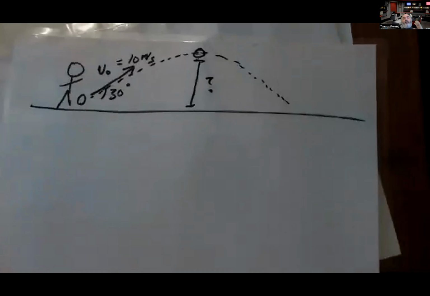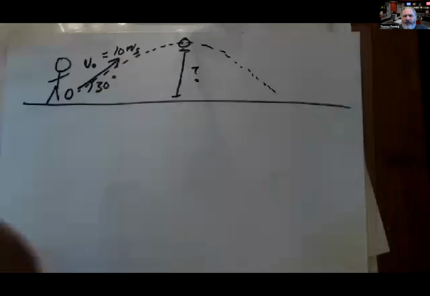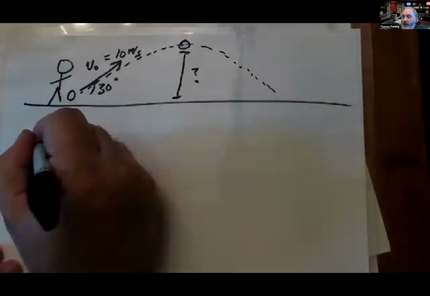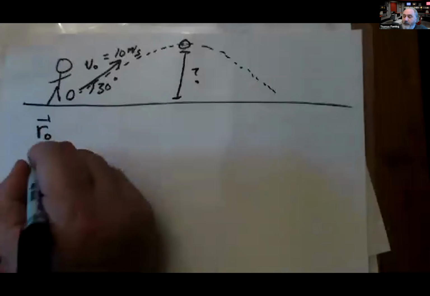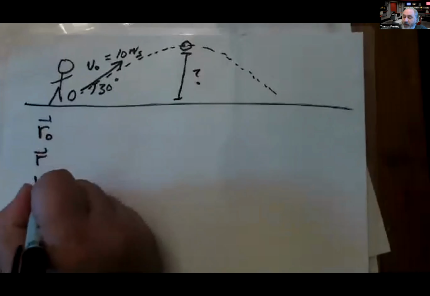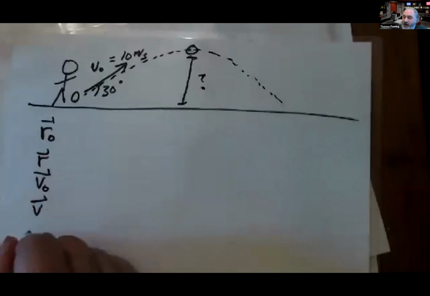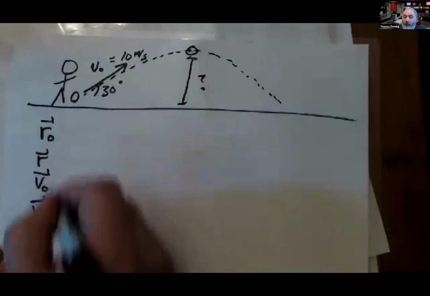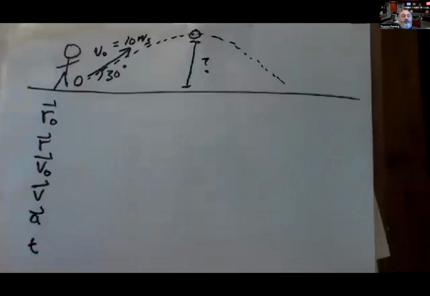And I'm going to break them down into those components as I do this. So I'm going to have my starting position, which we used to use x, but for a 2D problem, I'll use r instead. So my starting position, my ending position, my starting velocity, my ending velocity, my acceleration, all of those things are vectors. And of course, t, time, is not a vector.